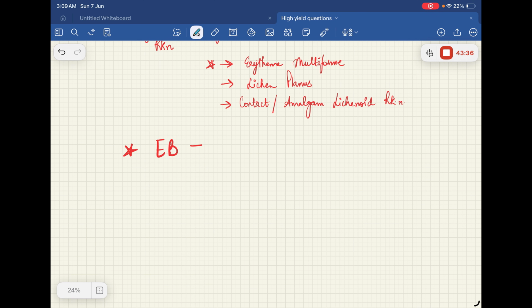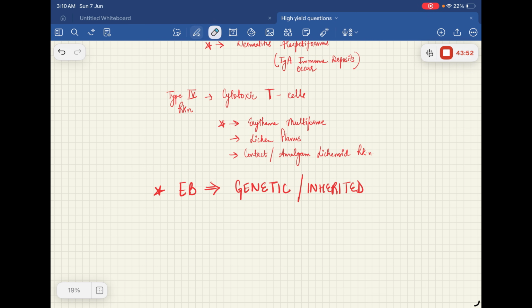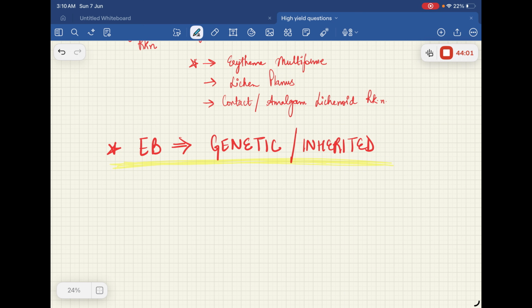So remember that EB, just recall, comes under the genetic group or it is inherited. So it is not an autoimmune disease, it is not a hypersensitivity disease. It is a genetic or inherited disease. So it does not fall under any hypersensitivity reaction. So none of the above, since obviously it is genetic in nature.